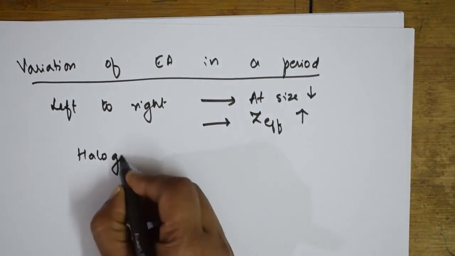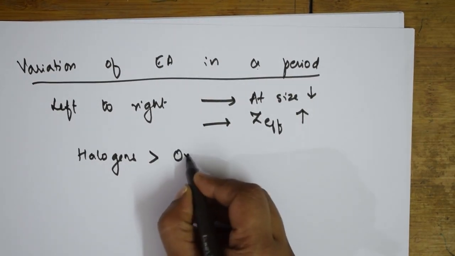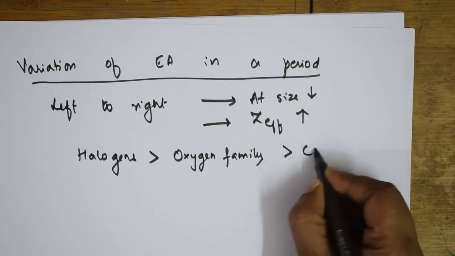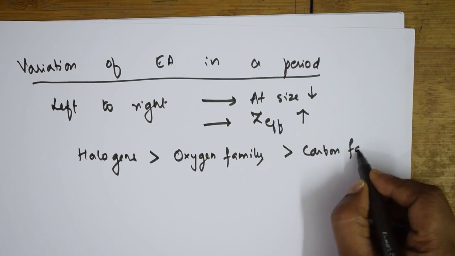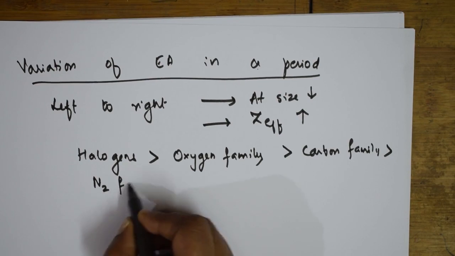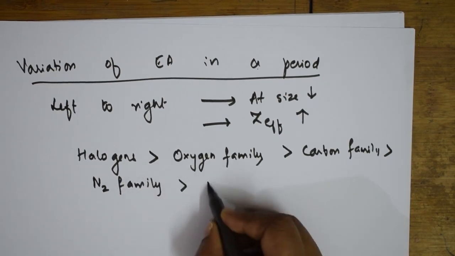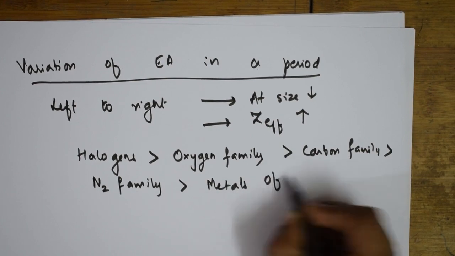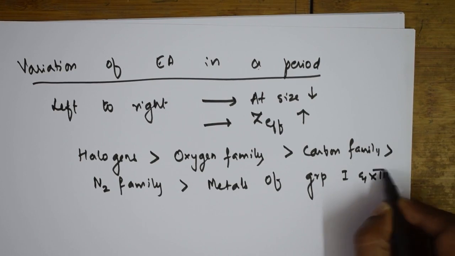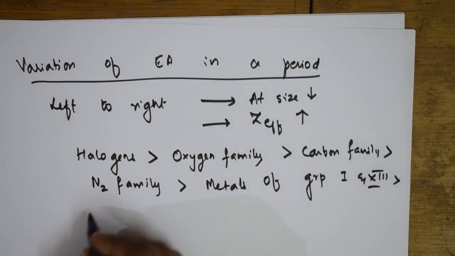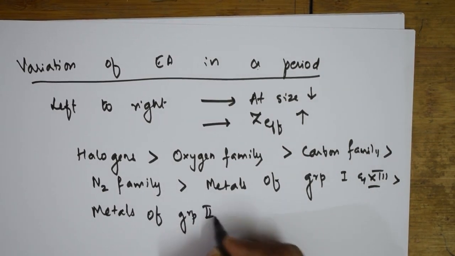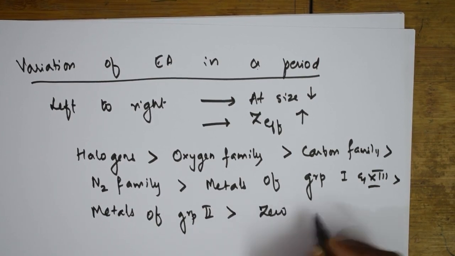Halogens will have more electron affinity value than the oxygen family, then greater than the carbon family, greater than the nitrogen family, greater than metals of group 1 and 13, greater than metals of group 2, greater than the 0 group.